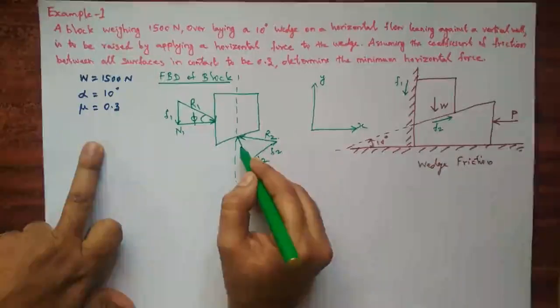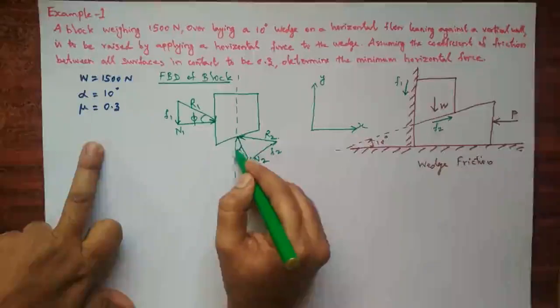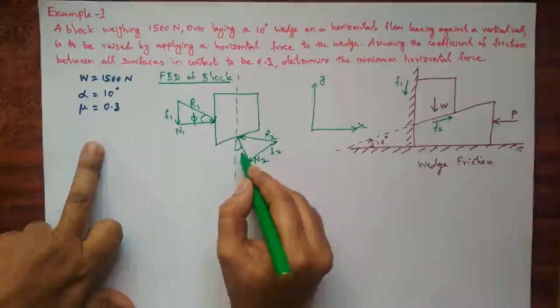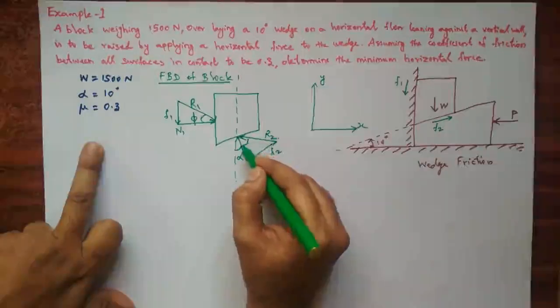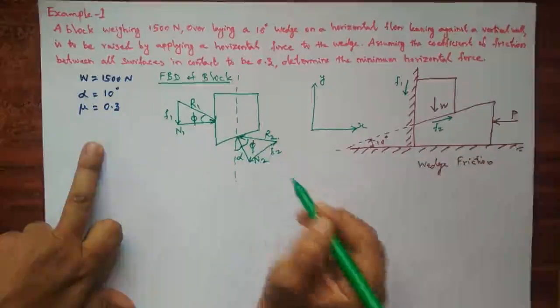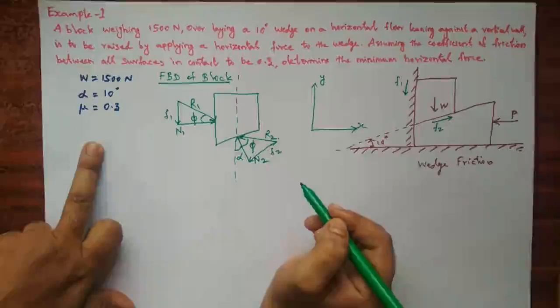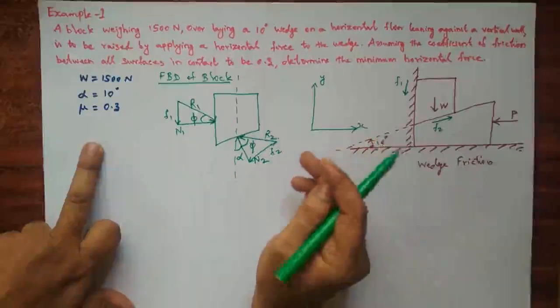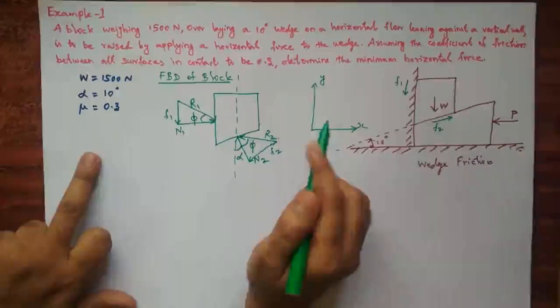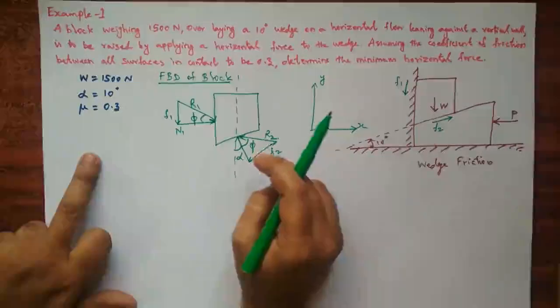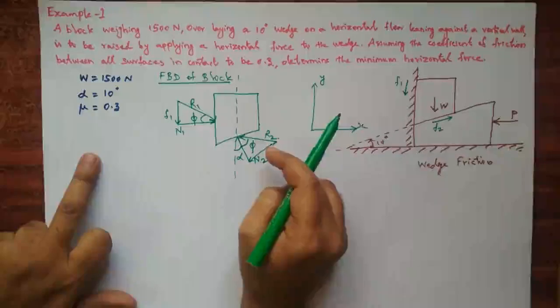This angle is alpha, and this angle is phi. We already discussed this in the derivation part, so let me apply this equation in this problem.